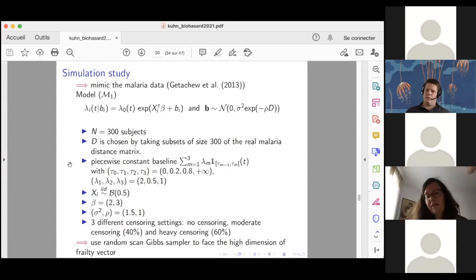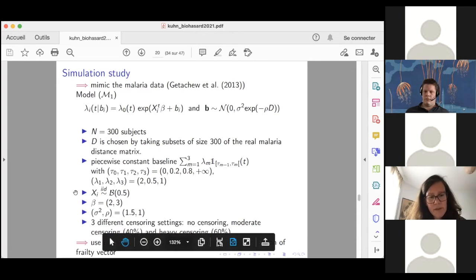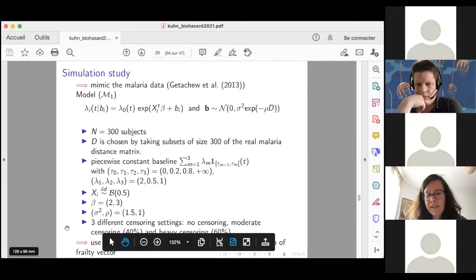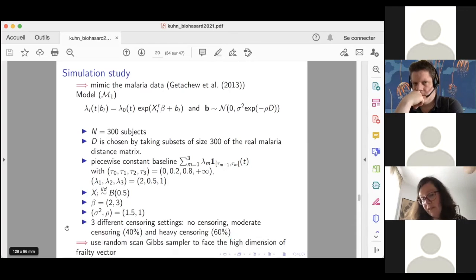We suspect that this rainy season has some effects, and we choose this way to model the baseline. We sample the covariates from a Bernoulli distribution. Here you take the values for the parameters beta, sigma square, and rho. We also consider 3 different censoring settings to investigate the effect of censoring on the estimation quality.